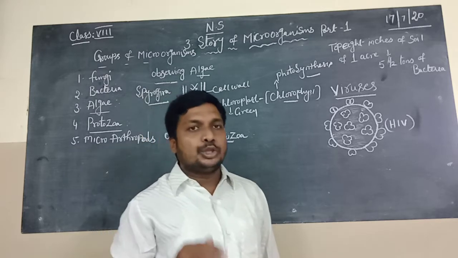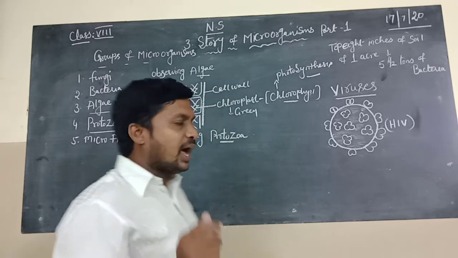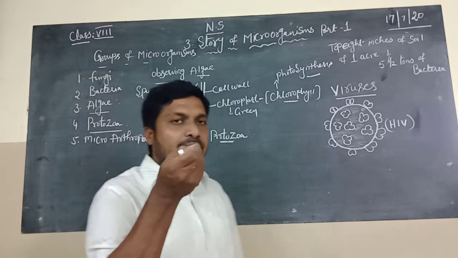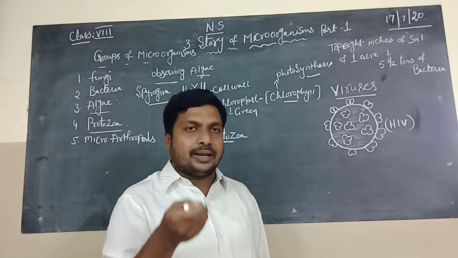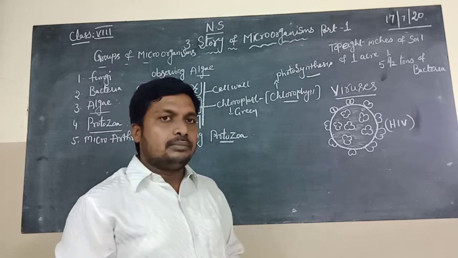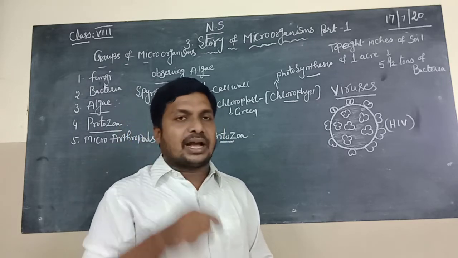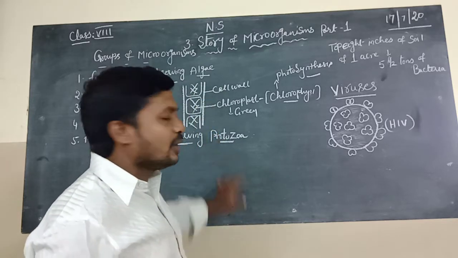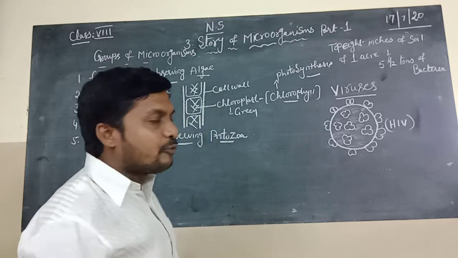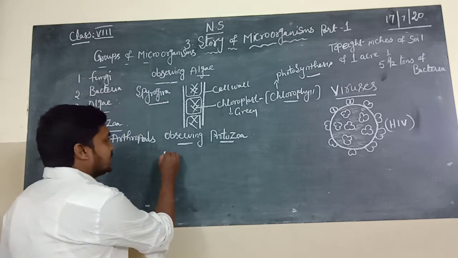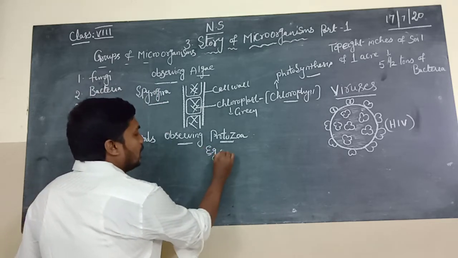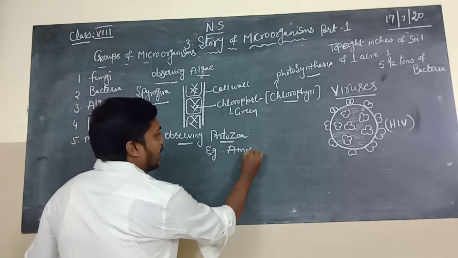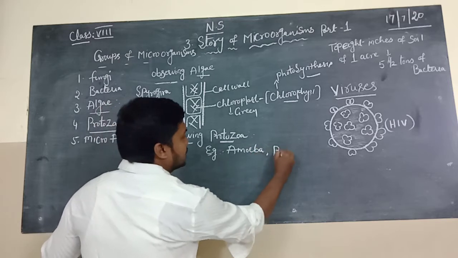Leave it for 3 to 4 days. After that, take a drop of pond water, keep it on a slide, put a cover slip, and if you observe under the microscope, we can find some groups of protozoa. For example, we can find amoeba and paramecium.